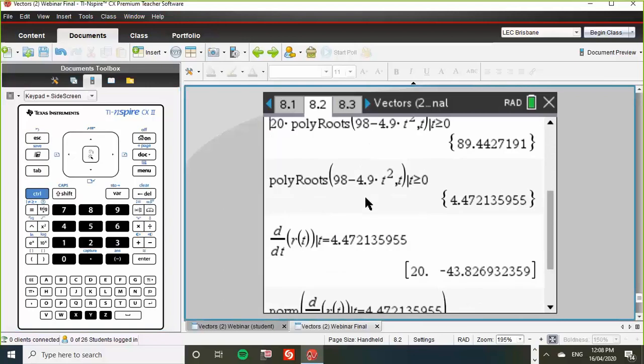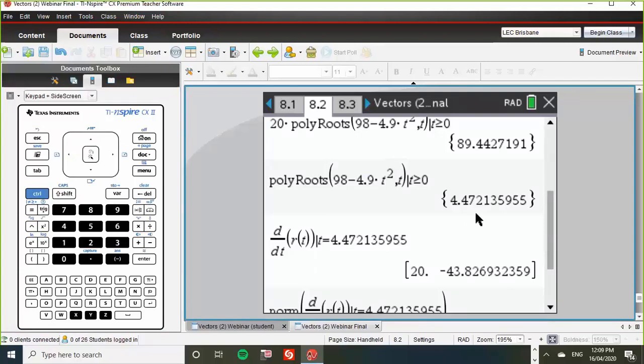So here, to clarify that again, there's polyroots. So the time for the particle to hit the ground takes 4.47 seconds, or in exact terms, it's 2 root 5. Then what you can do is find the velocity with which it hits the ground, the velocity vector, and the speed with which it hits the ground.